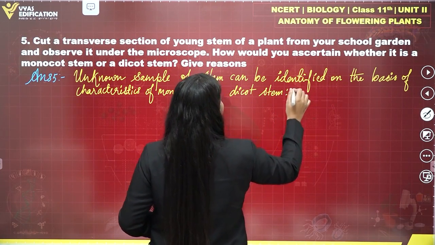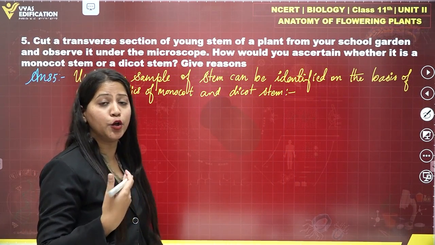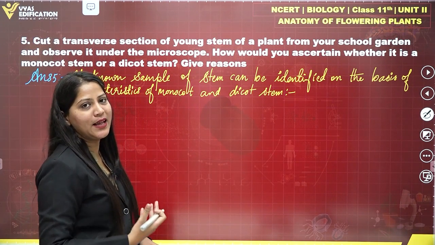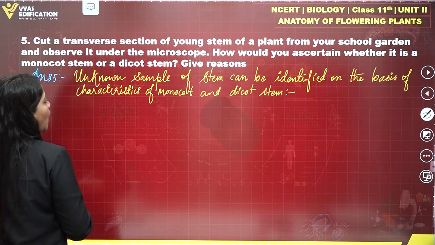For this, to identify the unknown sample, we have to know the characteristics of dicot stem as well as the characteristics of monocot stem.